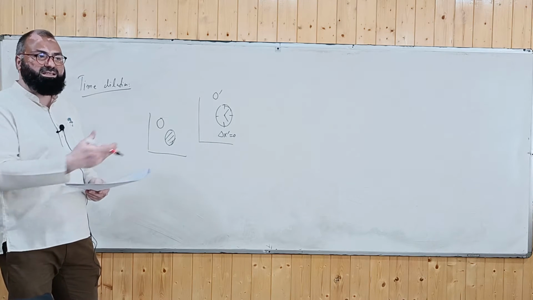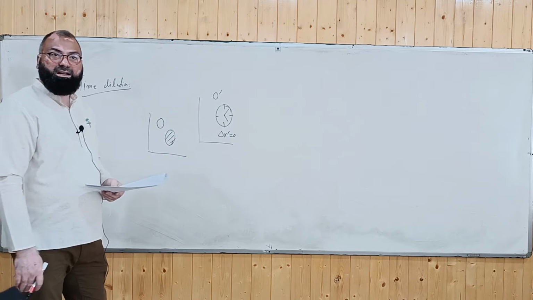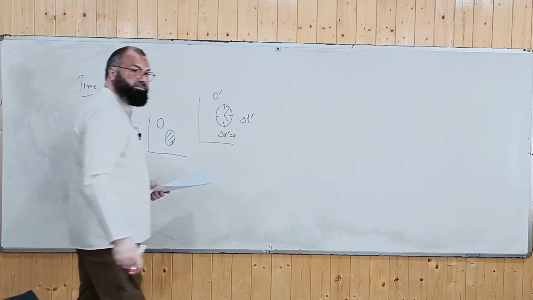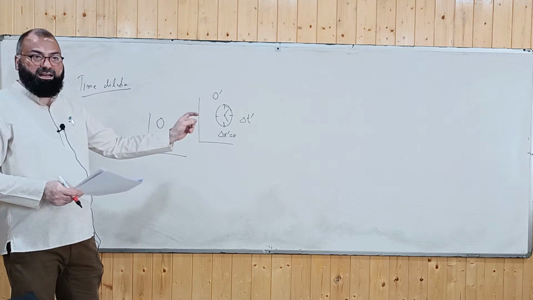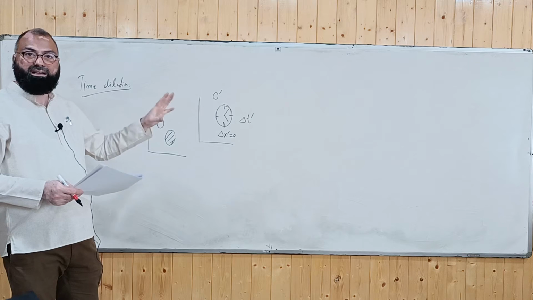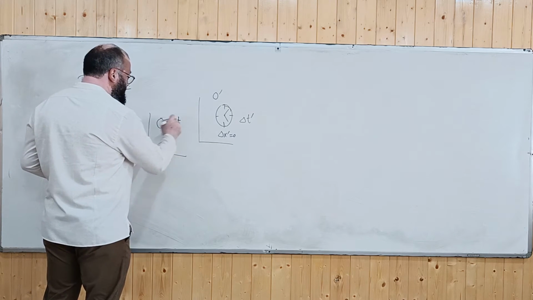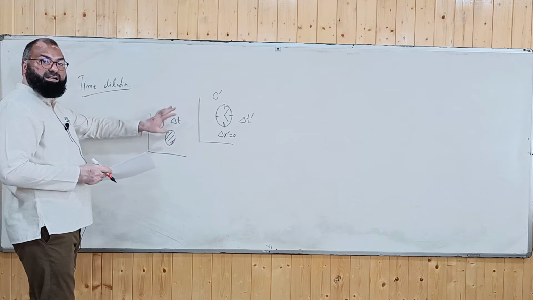Or in other words, I can assign this coordinate to be 0. And let's call the time it reads delta t prime. So this is one tick. You can say delta t prime is one tick. So in this very frame of reference, you have delta t, what you measure, or in other words, you can say the coordinate time.